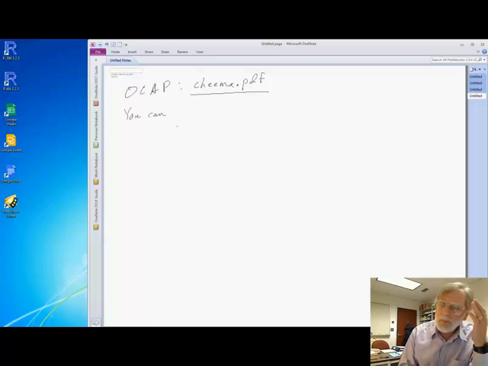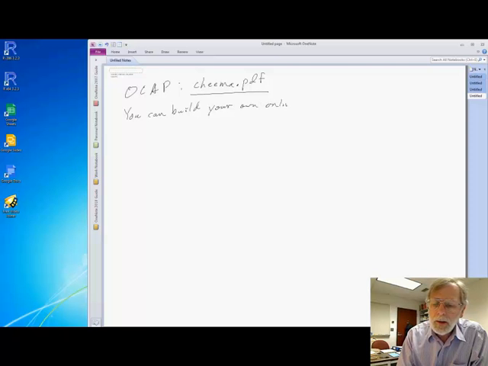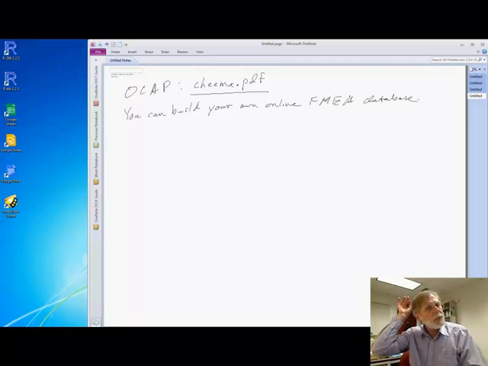Datalyzer is not doing something which is proprietary and patented. You can build your own online FMEA database. You know, if you think about it, what is an FMEA? It's a database with some computations in it.